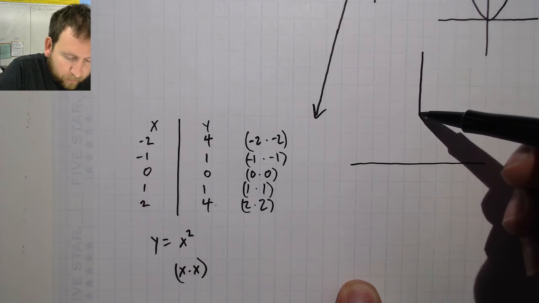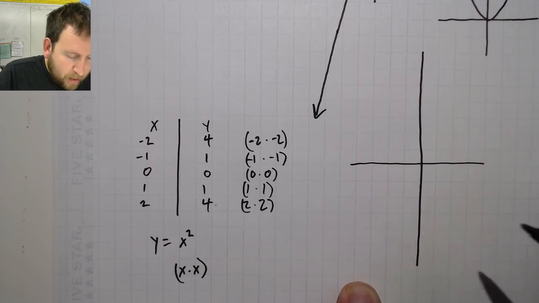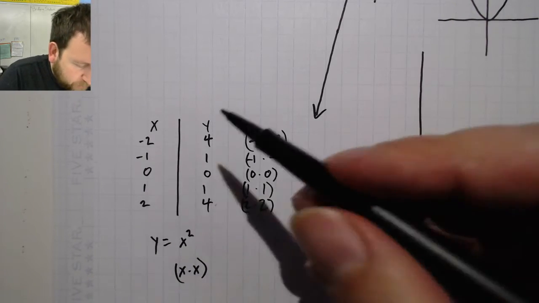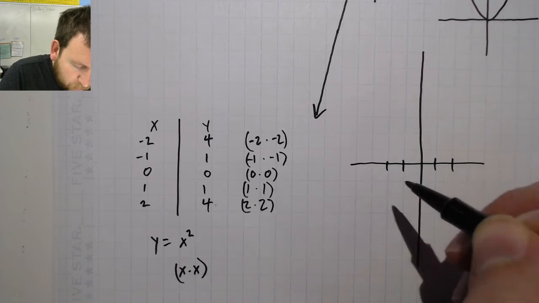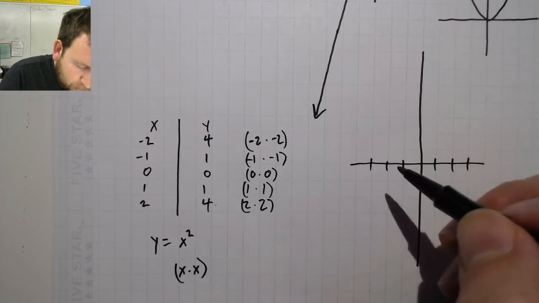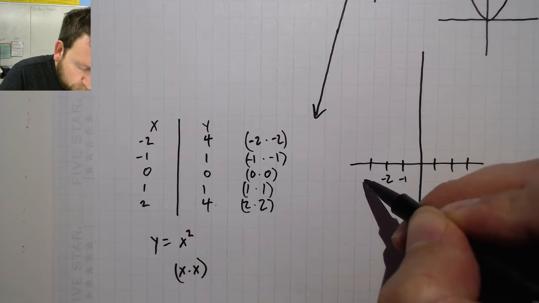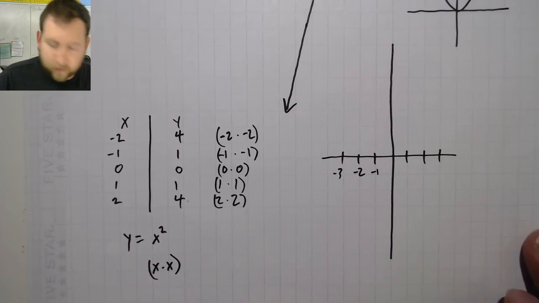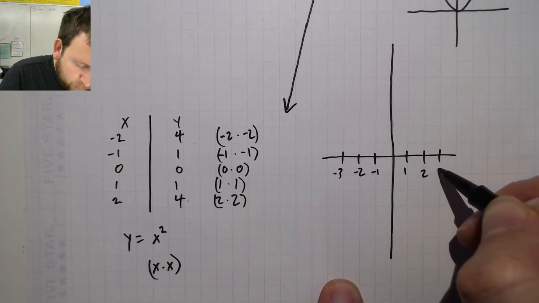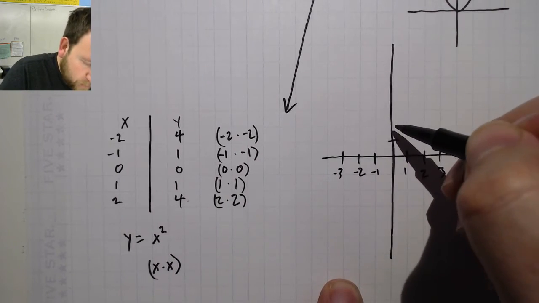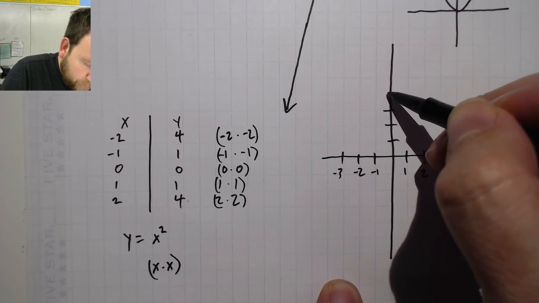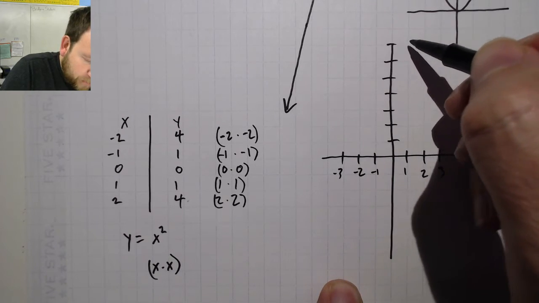Let's see. I need to go from -2. I have -1, -2, -3. You guys can see this. 1, 2, 3. I have to go up to 4. 1, 2, 3, 4, 5, 6, 7, 8, 9.